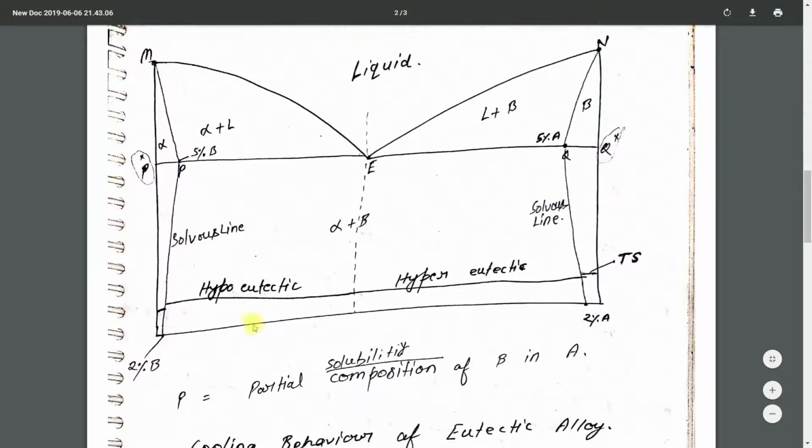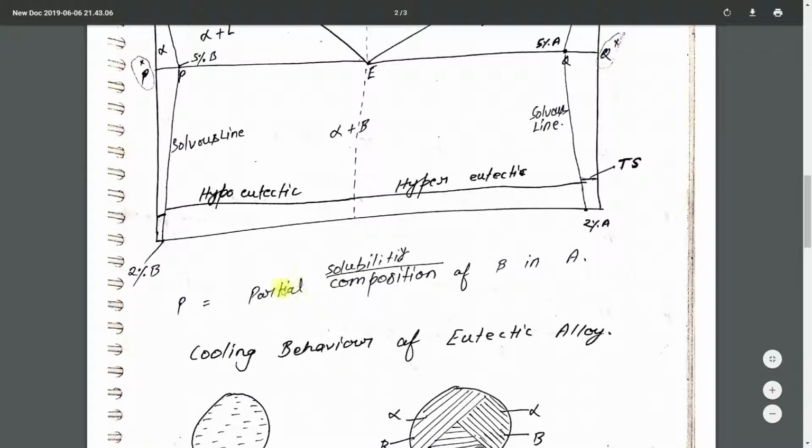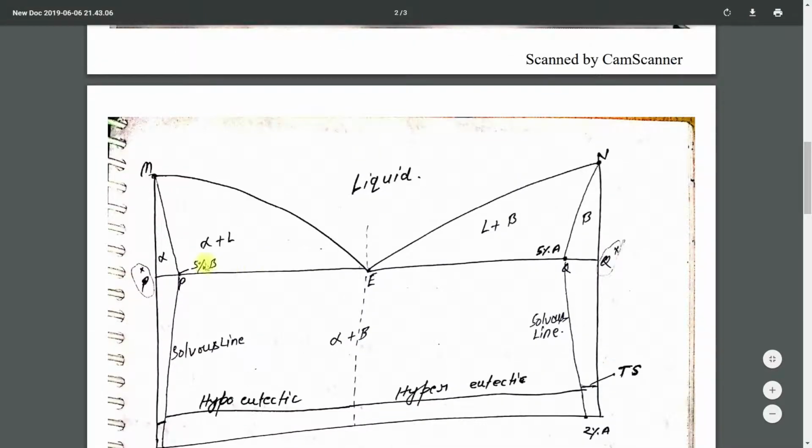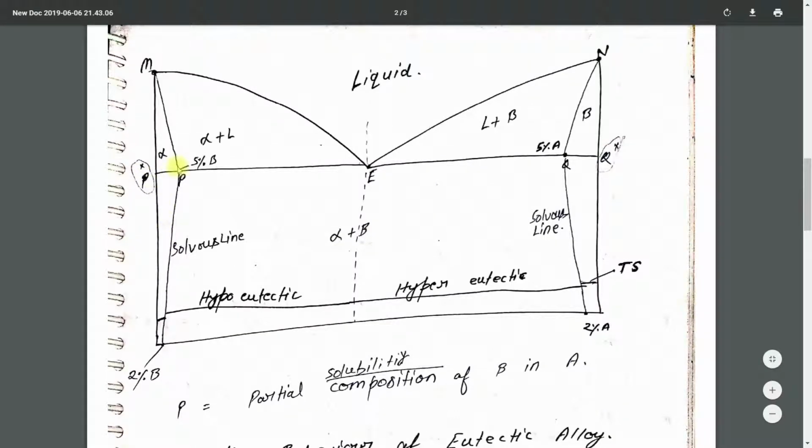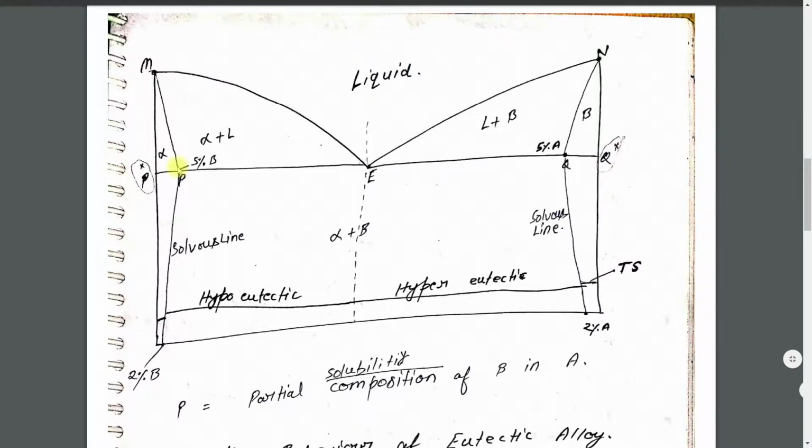So see, P is the partial solubility of B in A. Then the concentration of B is found here as 5%, and the concentration of A is 95%. Similarly the Q point.